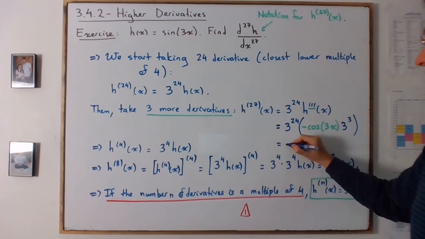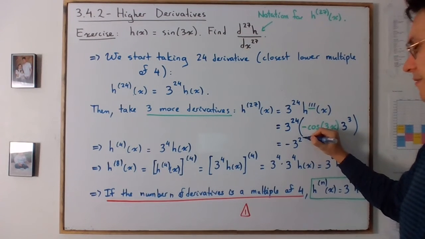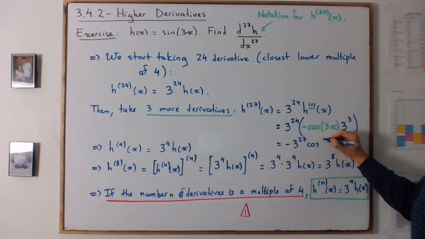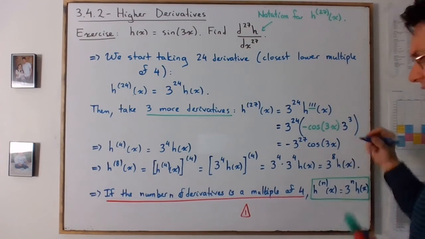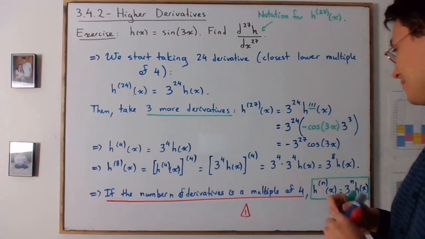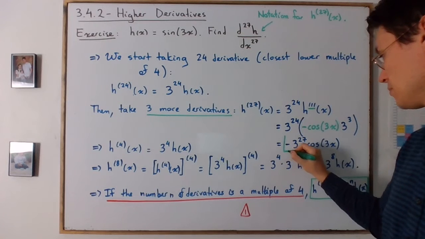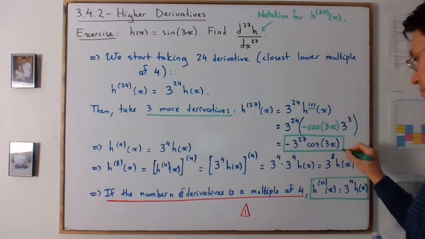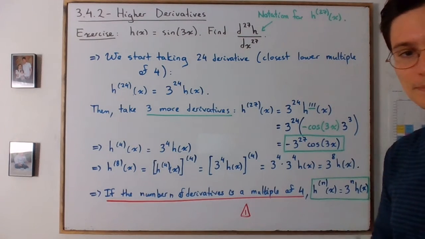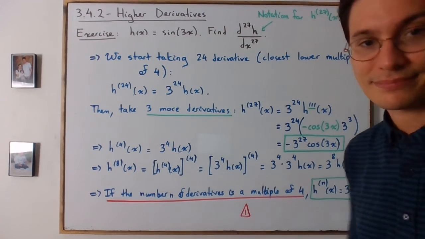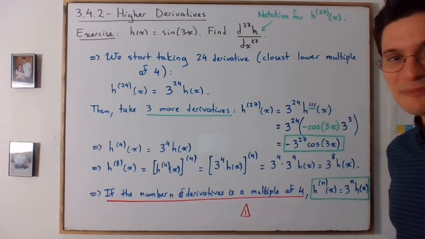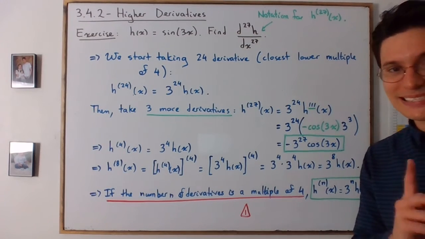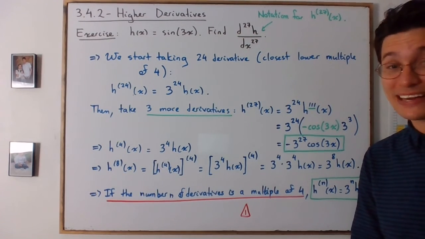So your final answer is going to be 3 to the power of 27 times negative cosine of 3x. And that's it. I hope this helped. So see you in the next class or in the next video.